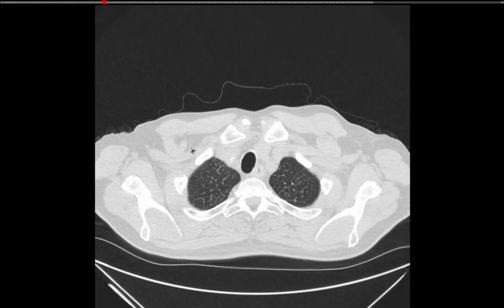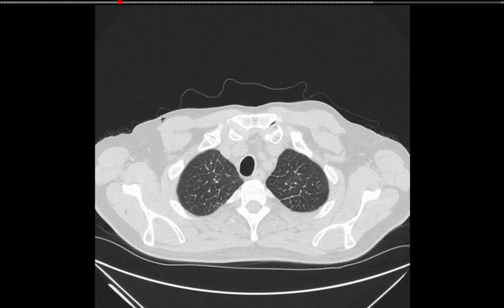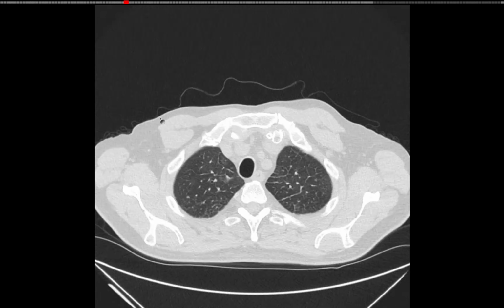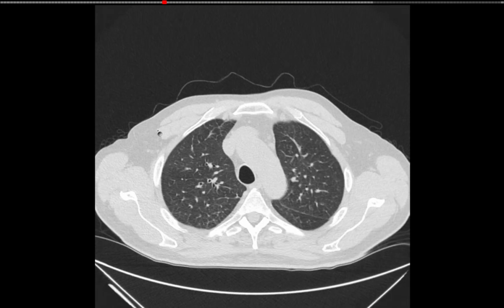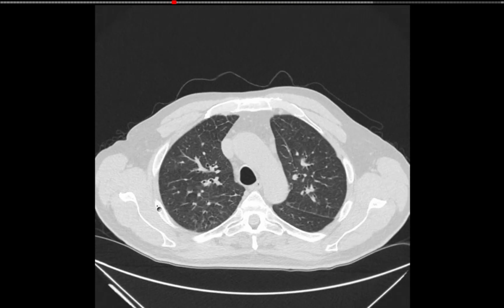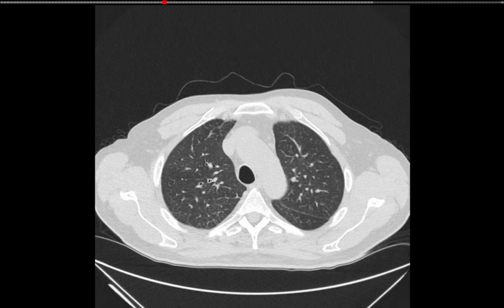And I'll make this big. Starting at the top there, we already see very thickened interlobular septa. As we go further down, we begin to see other signs of interstitial lung edema.